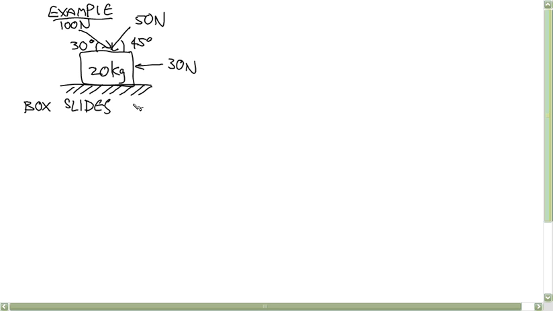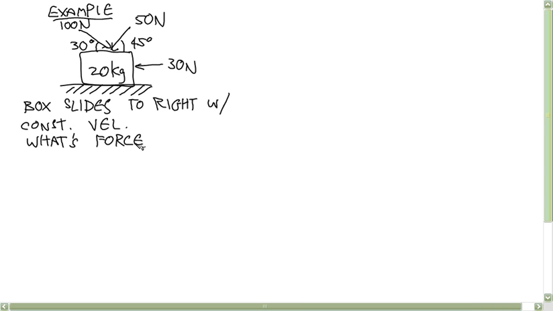And the box is sliding to the right with a constant velocity. And the question is, what's the force the box applies to the floor?